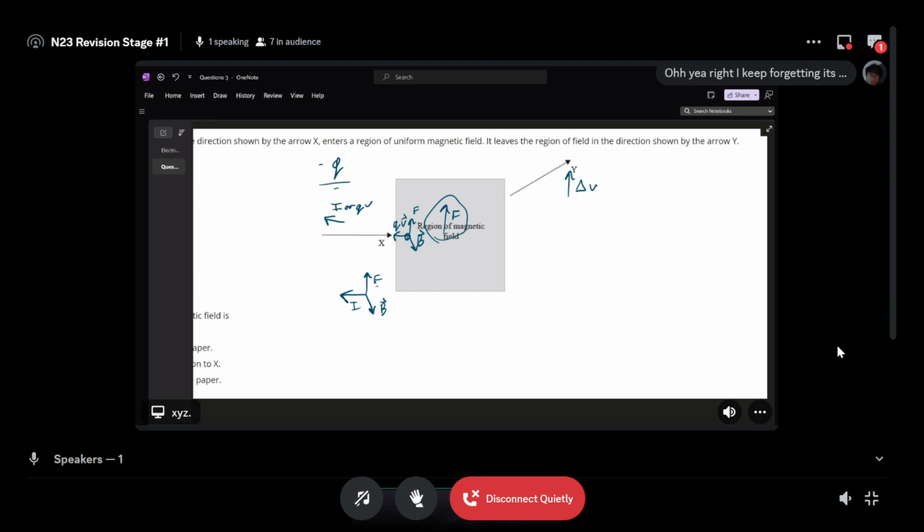This is using your right hand: use index, which is I, middle, which is B, and your thumb, which is F. Okay?